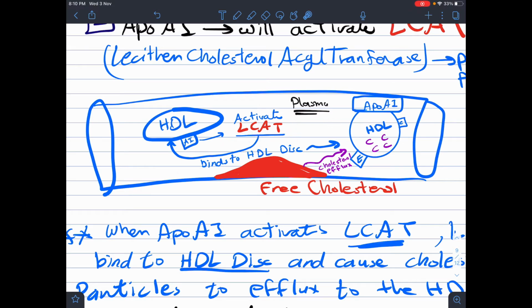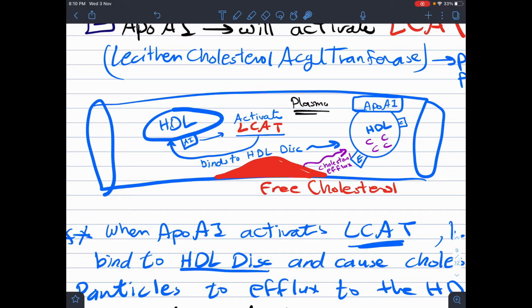The LCAT is going to be activated by the ApoA1, and when the LCAT is activated, it's going to make the cholesterol move, called cholesterol efflux, into the HDL, and the HDL now is mature because the cholesterol moved from here to here. As you see, cholesterol efflux is caused by the LCAT enzyme, activated by the ApoA1.